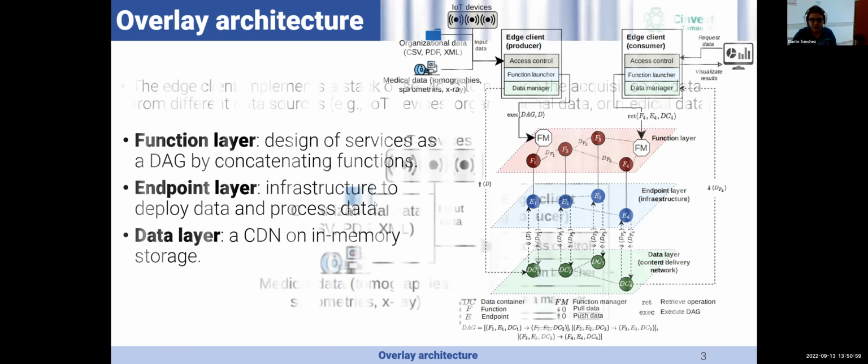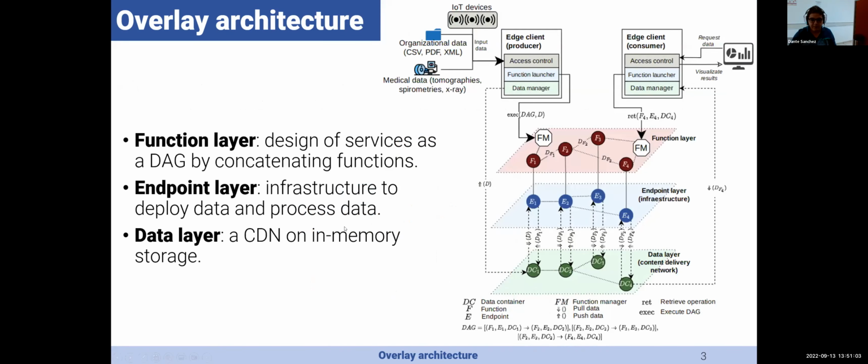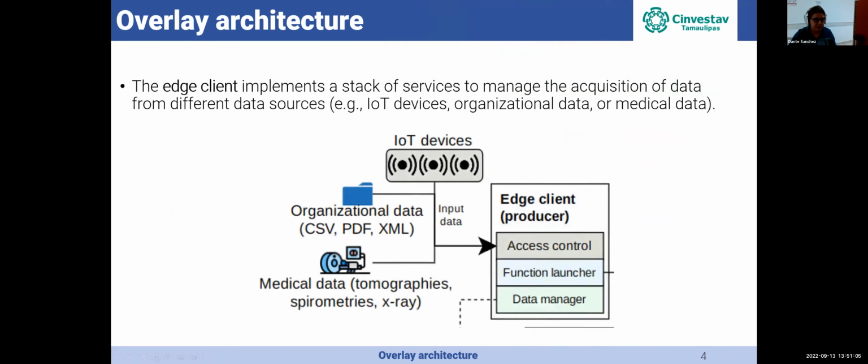Now the components of these layers. First, we have the edge client that implements a stack of services to manage the acquisition of data from different data sources, including sensors and medical instruments, such as tomography, spirometers, and X-ray.